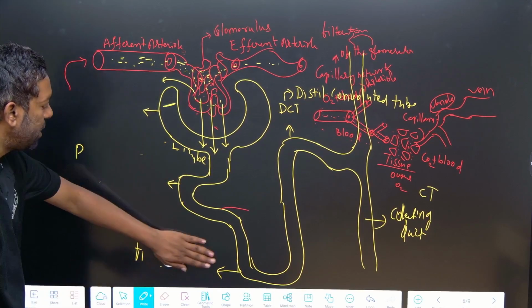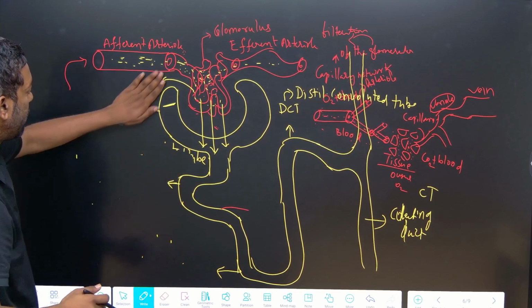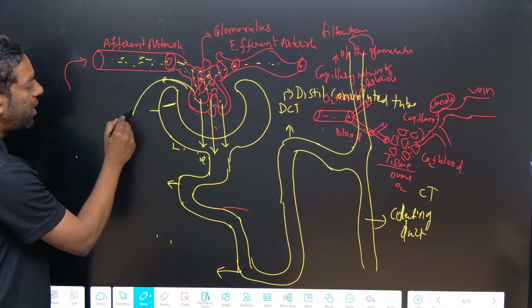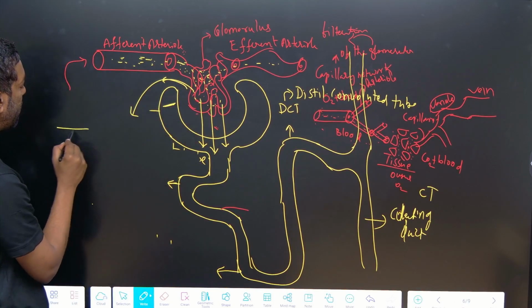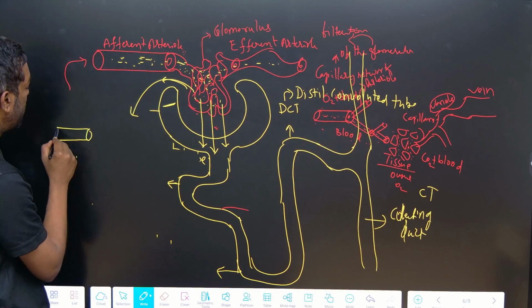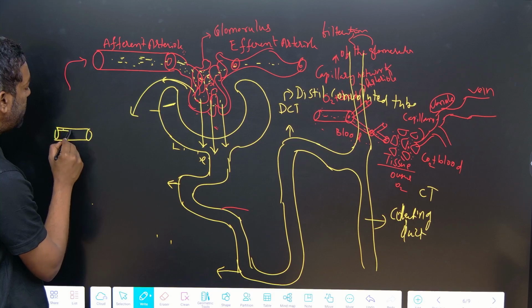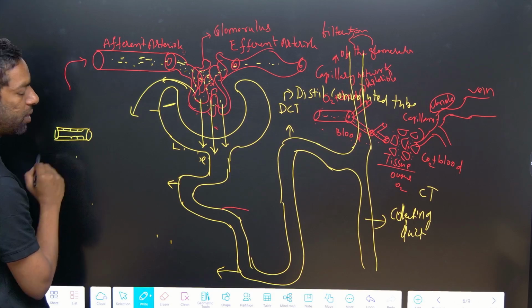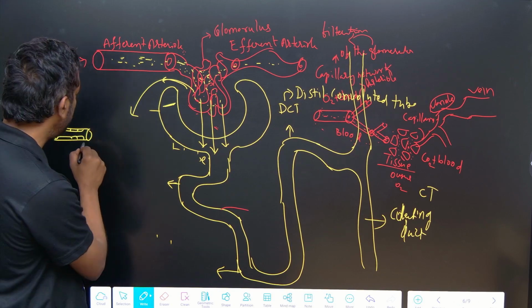Just look into this, guys. Fine branch of the capillary network. The capillary walls are made up of endothelial cells. Endothelial cells are involved in the filter.